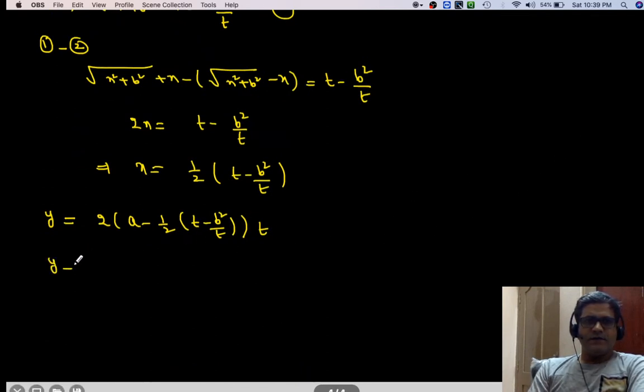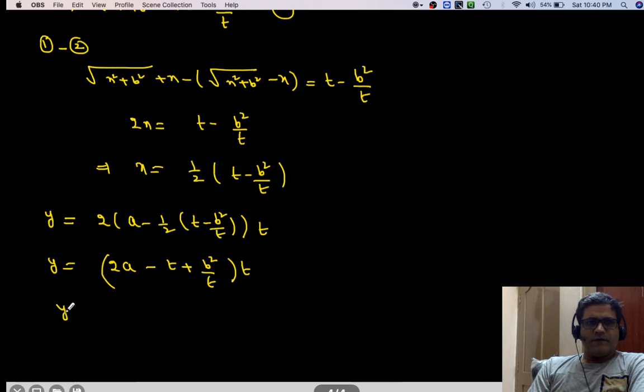Now y equals, if you open the bracket, first multiply by 2 throughout. Then what you get is 2a minus, the 2 cancels, minus of t, minus minus plus, b²/t, into t.